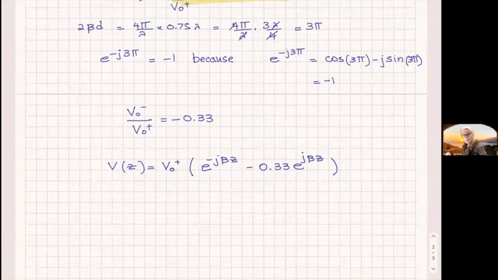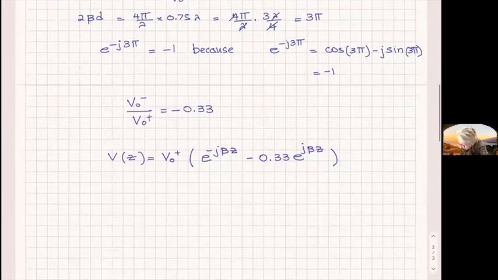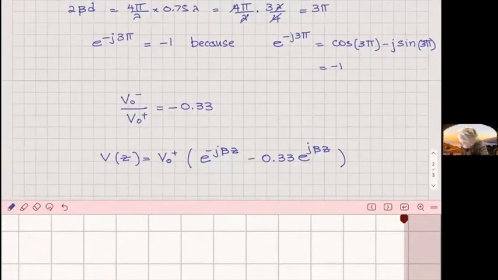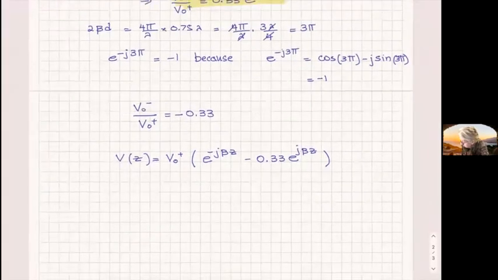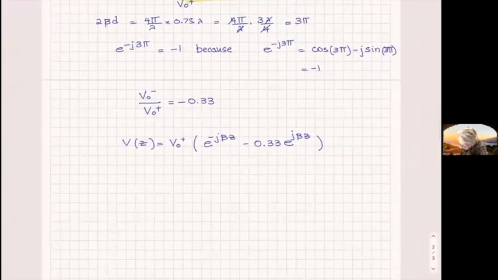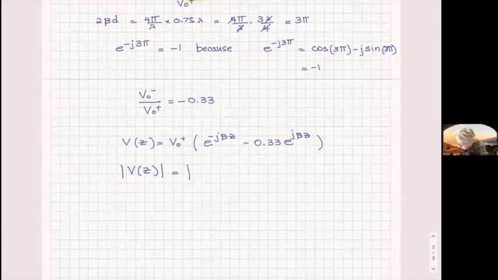So I have that. Now, what is interesting, which I would like to do next, is to find the magnitude of V of z and to find the phase. So the magnitude is going to be the magnitude of V naught plus, and then the magnitude of this complex number.